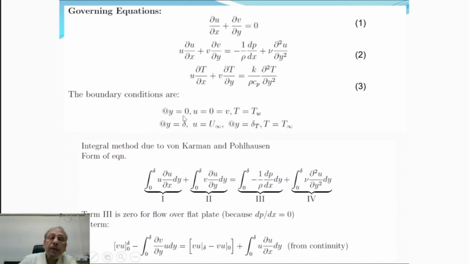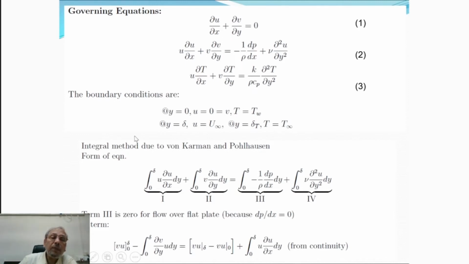And at y equal to delta, that means the edge of the velocity boundary layer, u equal to u infinity, and at y equal to delta T, at the edge of the thermal boundary layer, T equal to T infinity. At the wall, y equal to 0, the thermal condition is T equal to Tw, and at y equal to delta T, T equal to T infinity.